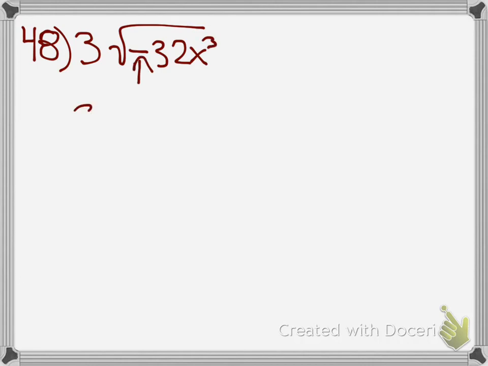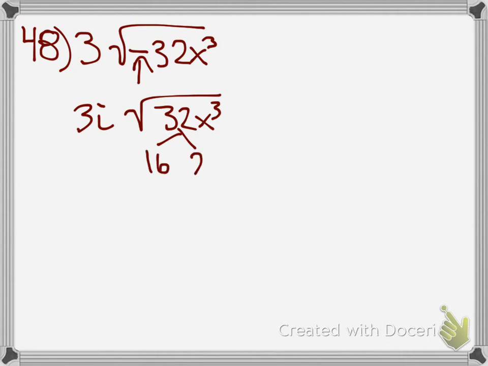Okay, so 48, you've got 3 square root of negative 32 x cubed. So again, here's my i. So I have 3i square root of 32 x cubed. And just like before, find the largest perfect square that goes into 32, which is 16. 32 divided by 16 is 2.